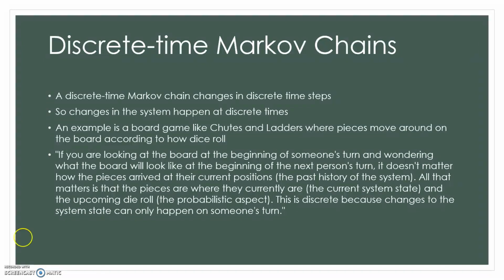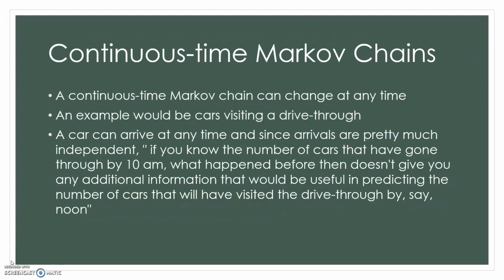So this is a really good example of how the past history of the system doesn't really help you understand what the future is going to be like. All you really need is the current state. Next are continuous time Markov chains, and these can change at any time. A good example would be cars visiting a drive-thru.